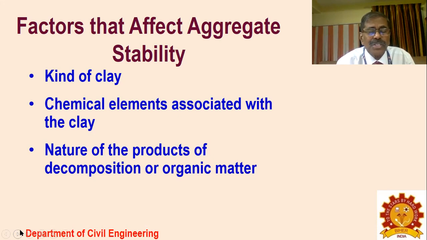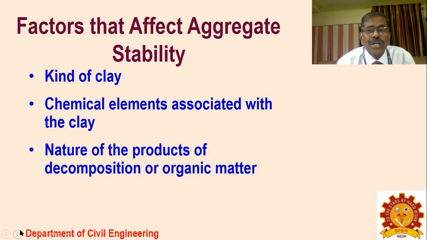How it does so: when it is entrapped in the soil, this organic matter decays and reduces in its volume. Because when it is entrapped inside the soil, the reduced volume will occupy a lesser volume inside the soil. When it occupies the lesser volume, air and moisture from the outside enter there, and air will be locked up in that organic matter.